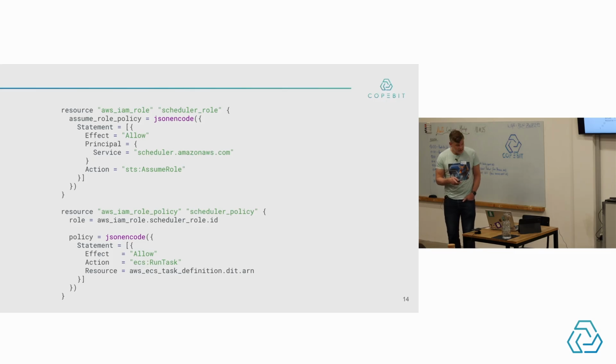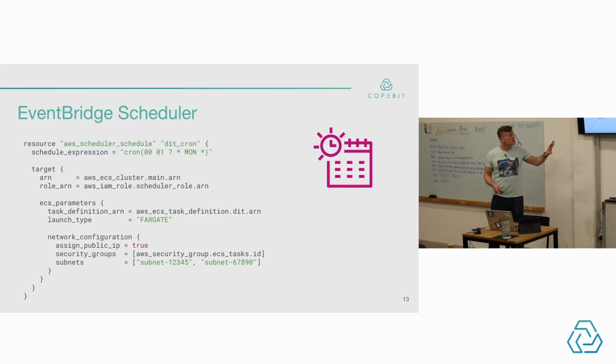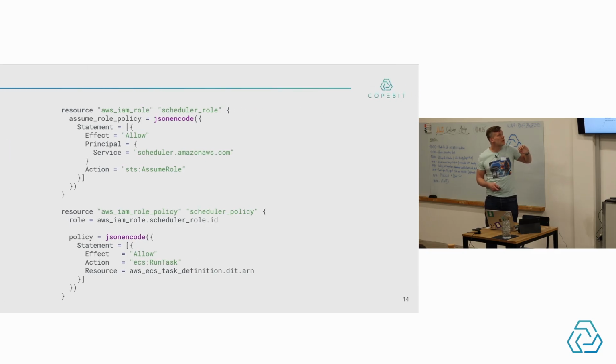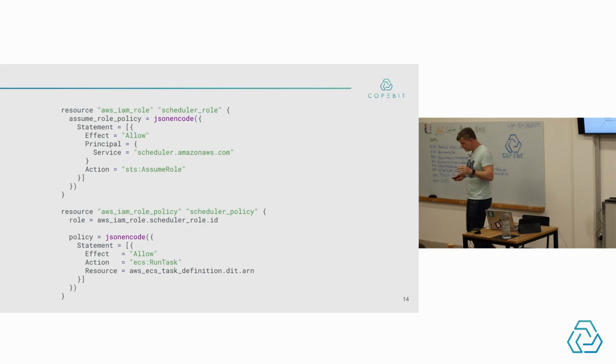Let's see what we have next. I didn't want to take away all the details. So basically, when you kick off a task from EventBridge, you also have to make sure you have the role so that the scheduler can assume the role, and then, depending on what you are starting, you have to allow the right action for the right resource.